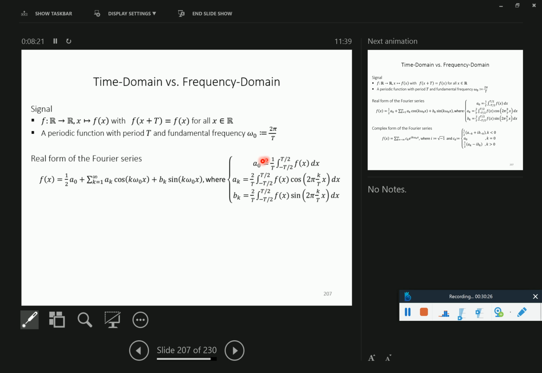So, as I said, in the winter term we will go over how to derive this. But it's fairly intuitive, yeah? You have an amplitude factor, you have your cosines, you have your frequencies, and you try to represent a signal.